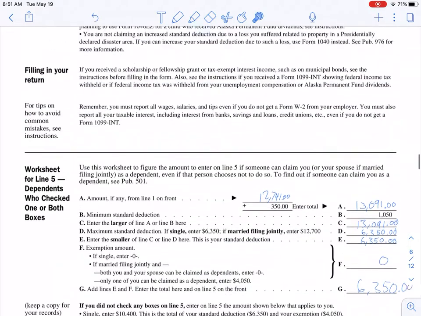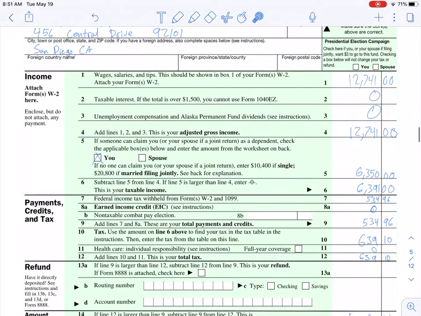But we did check the box on line 5 that she was a dependent. If you are not being claimed as a dependent, you get to subtract a little bit more money away from the total amount that you owe.